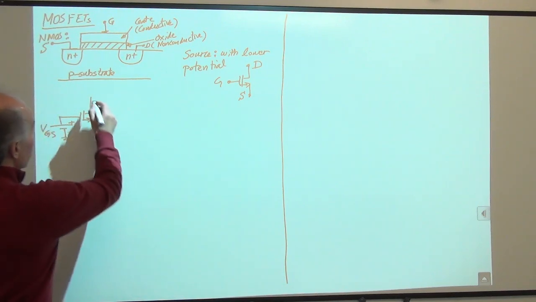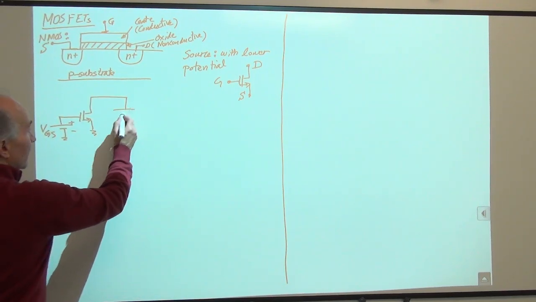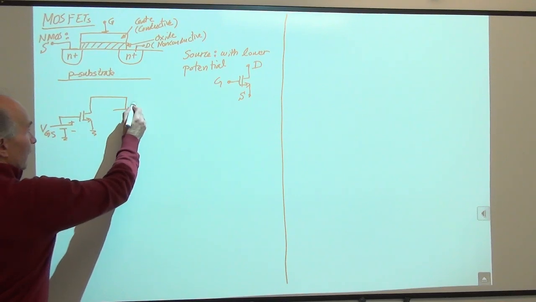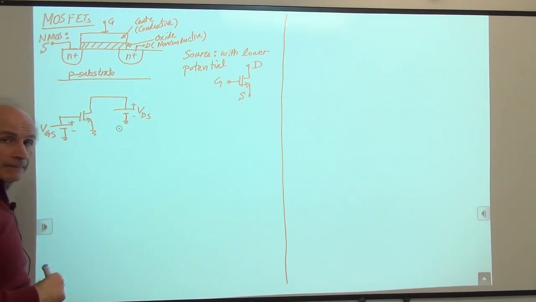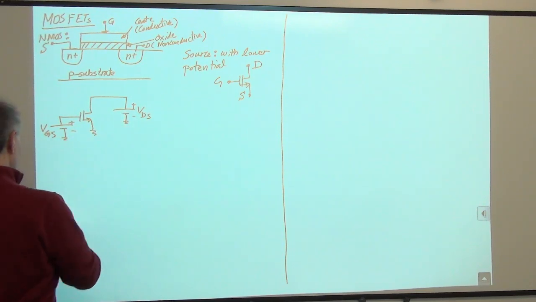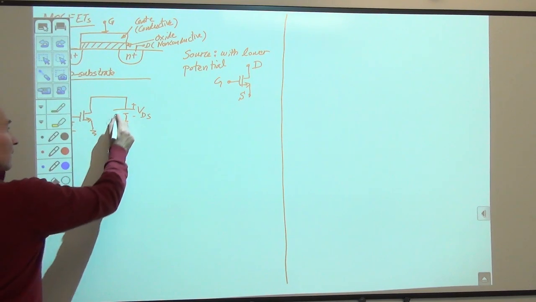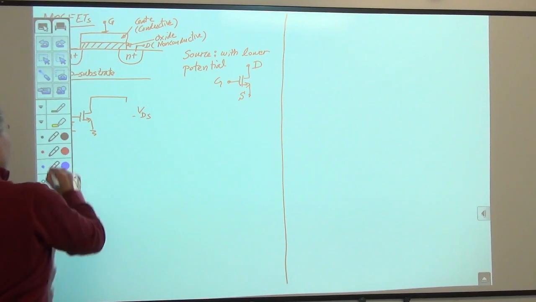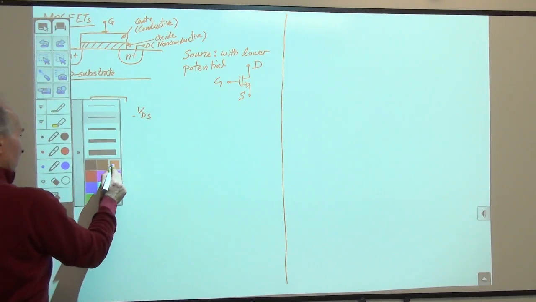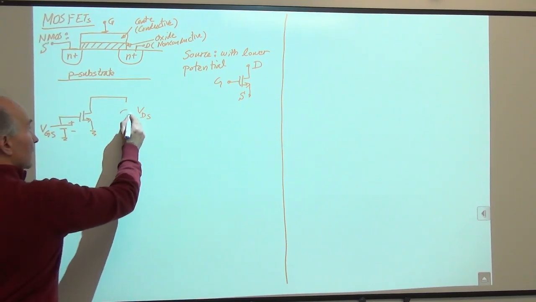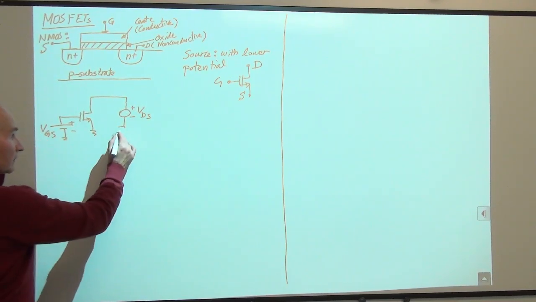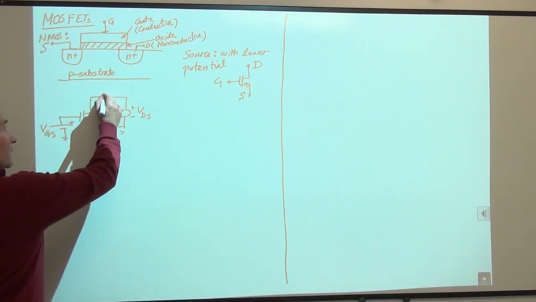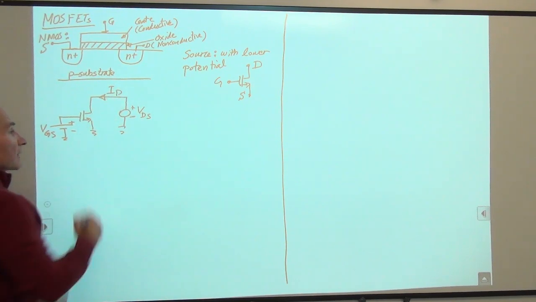Then we connect the voltage source from the drain to ground. We call that VDS, drain to source. We actually made this variable, and so that's VDS. And then we monitored the drain current of the device.